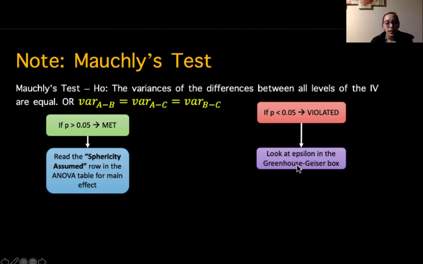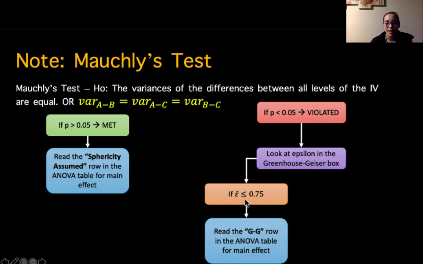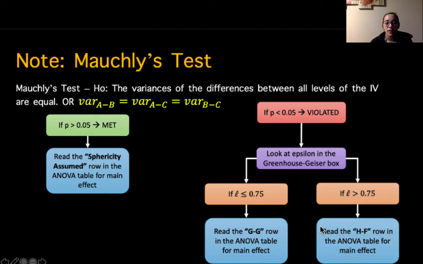But when you look at the epsilon value in the Greenhouse-Geisser box, if it has a value less than or equal to 0.75, you use the Greenhouse-Geisser adjustment, which has its own row in the ANOVA table. That would be the p-value you read for your main effect. If, however, we have an epsilon value greater than 0.75, you would use the Huynh-Feldt adjustment.